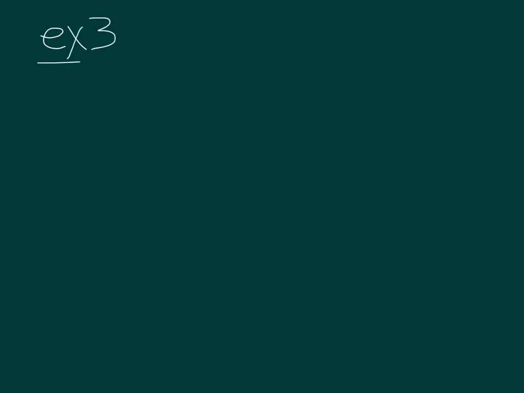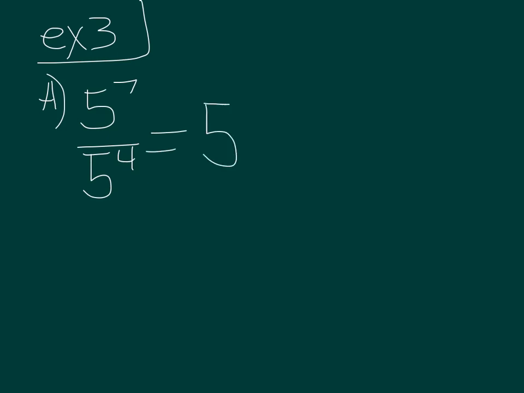Example 3, this is example A: 5 to the 7th over 5 to the 4th. Since we're dividing, the shortcut pattern here is to subtract the exponents. So it gives you 5 to the 7 minus 4, which is 5 to the third.